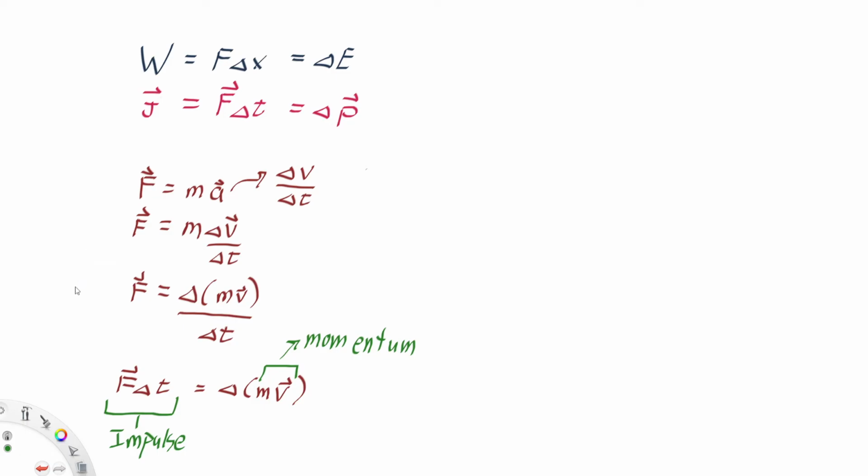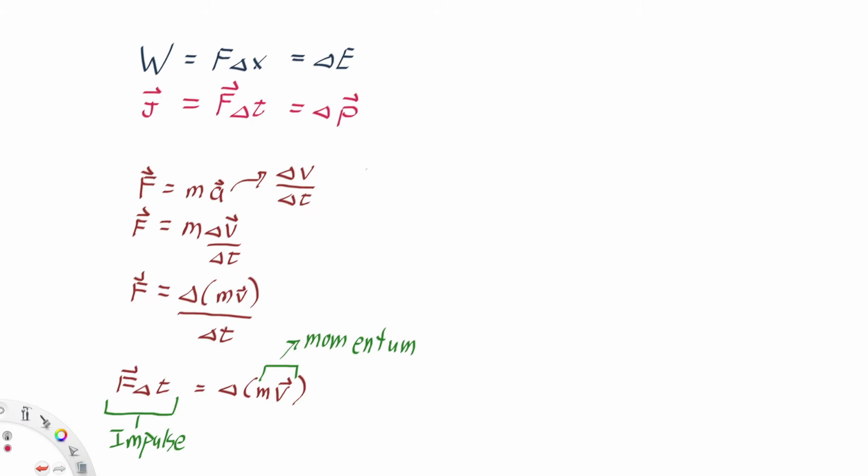Conceptually, momentum is a lot simpler than energy, although we apply it in the same way. We draw a picture of our situation, before and after. And then we write down, well, external forces times time equals change in momentum.